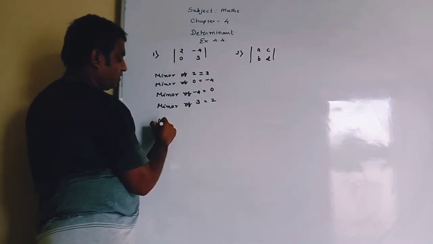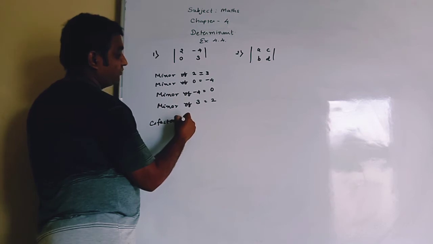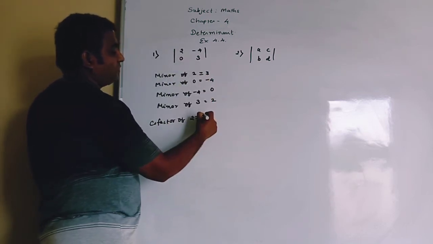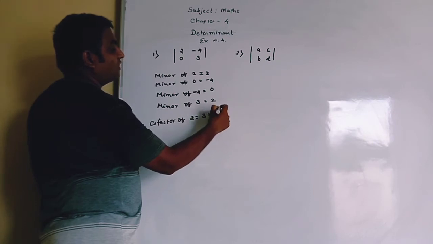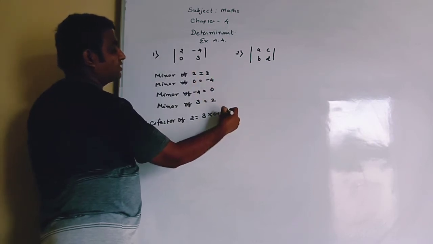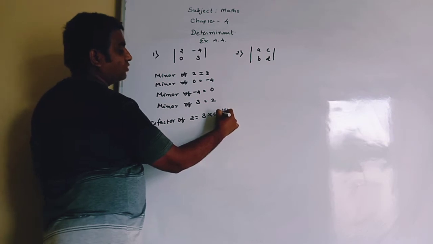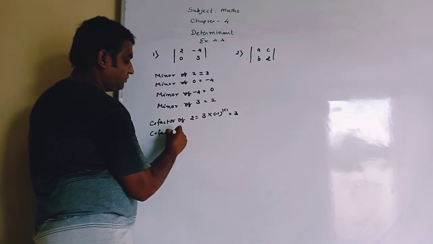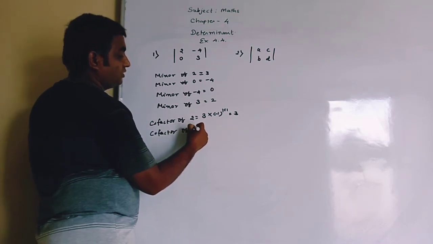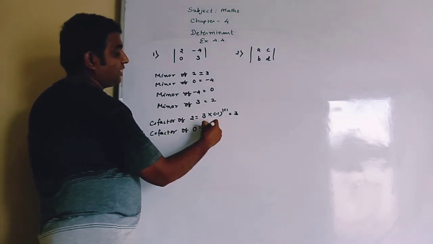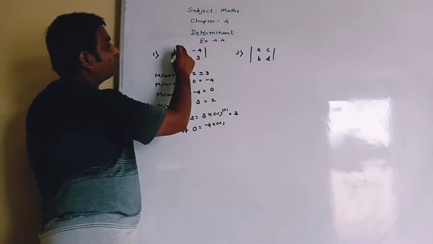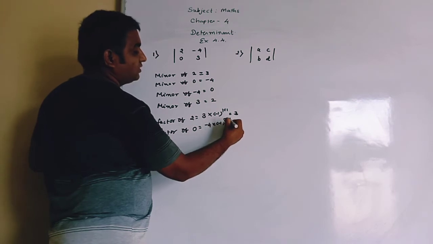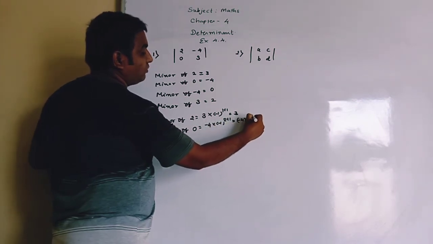And so the cofactor of 2: the minor is 3 into minus 1 raised to first row, first column, 1 plus 1, so minus 1 raised to 2, that is 1, giving 3. Cofactor of 0: it is minus 4 into minus 1 raised to second row, first column, 2 plus 1, so minus 4 into minus 1.